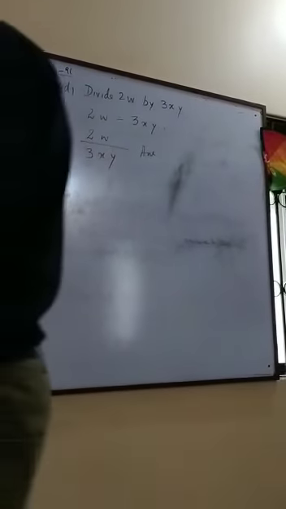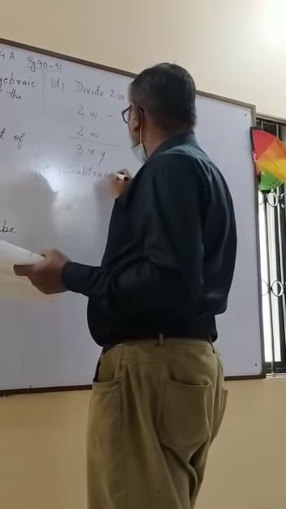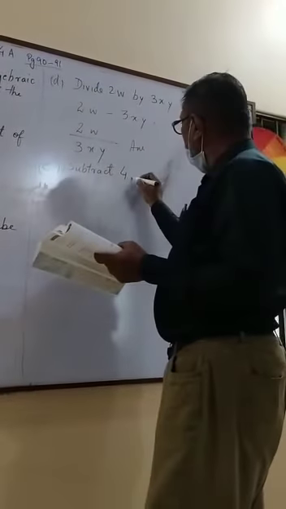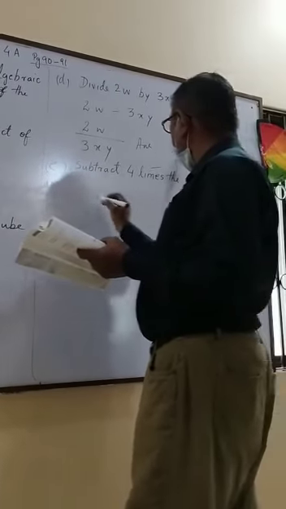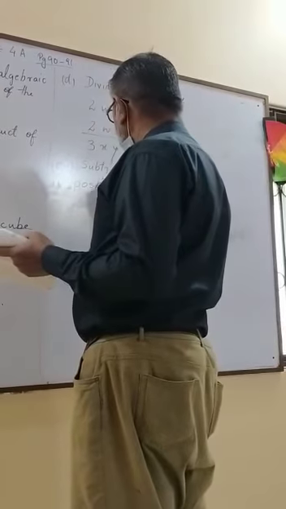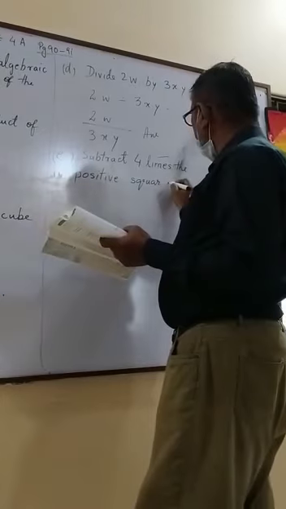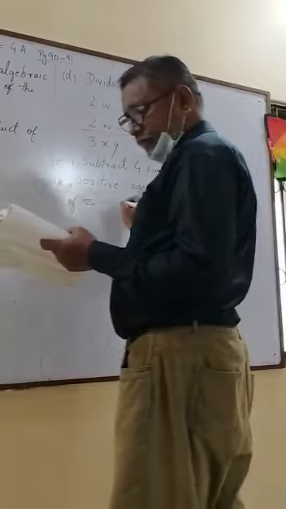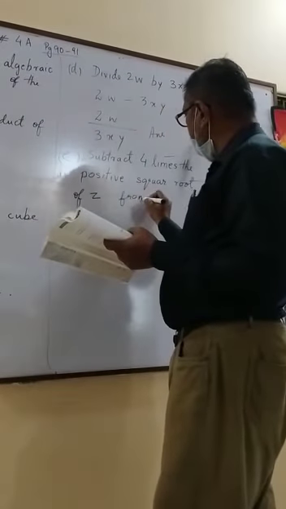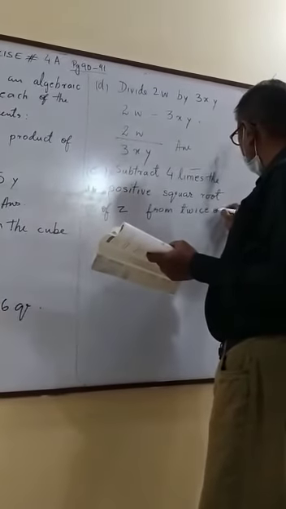Now what about the E part? The E part says subtract 4 times the positive square root of z from twice of x.